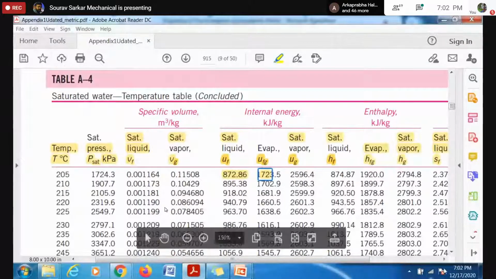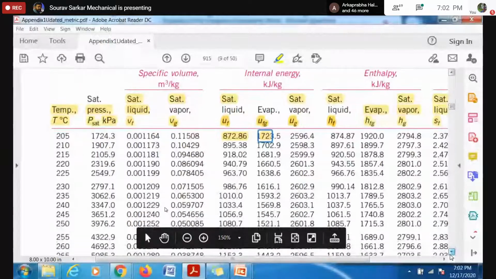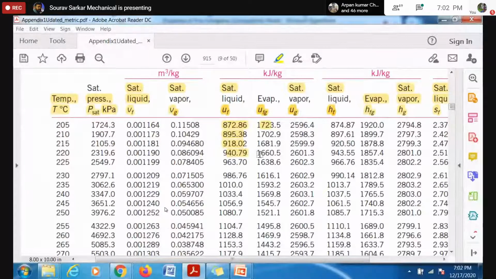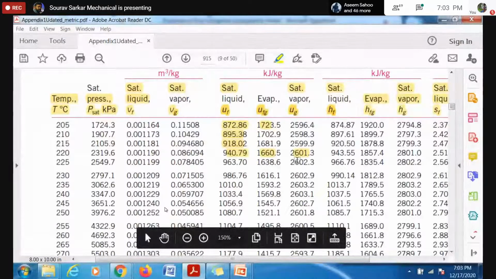Now, as you are increasing your pressure and temperature, the internal energy of the liquid state is gradually increasing. Finally, you need less energy to convert into vapor. You can see that u_fg, that is basically the difference between the states, is also continuously decreasing. That is why the final value of u_g is also decreasing. So this is one observation.